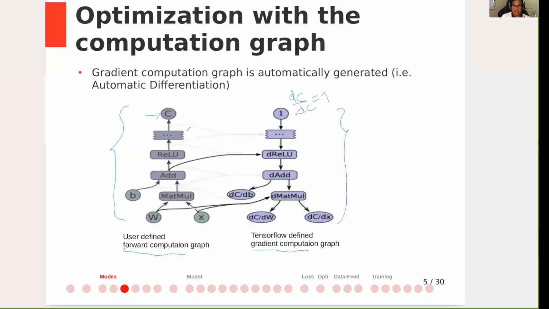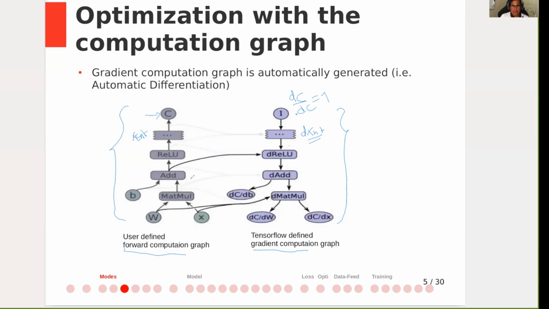Sorry, so this is your loss, for example the cross entropy function, and this is the inverse cross entropy function. So this gradient is passed through the inverse cross entropy function, and comes here. Then you have the activation function, the rectified linear unit, and you have the operation corresponding to the differentiation of a rectified linear unit, and the result goes like this.